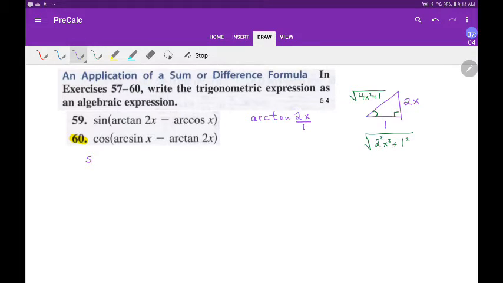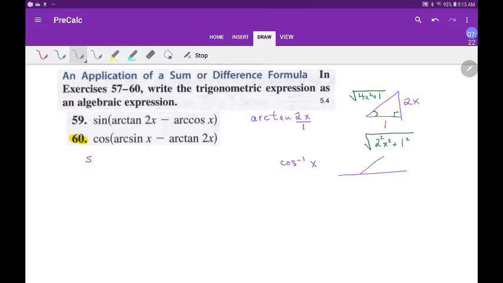Okay, so the other one says arc cosine, or I could just say cosine minus 1, inverse cosine of x. And so let's see, this is positive, and I'm in quadrant 1. I better be in quadrant 1.